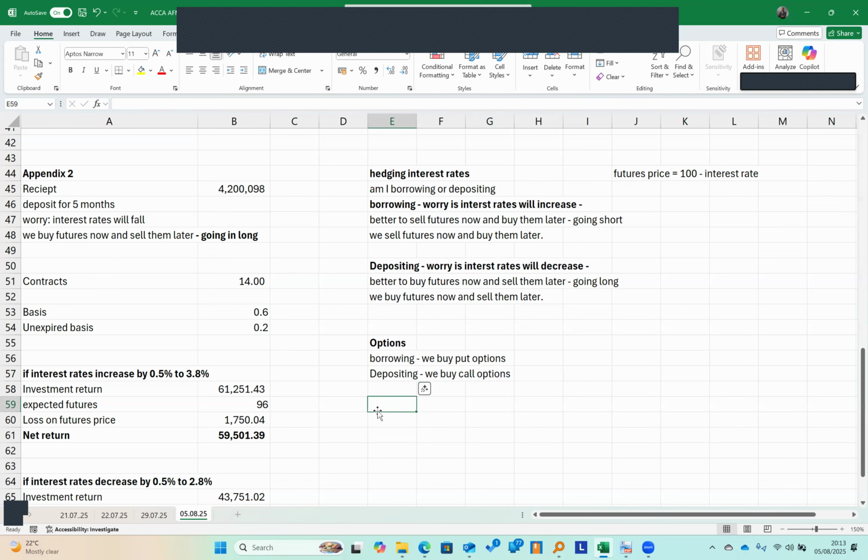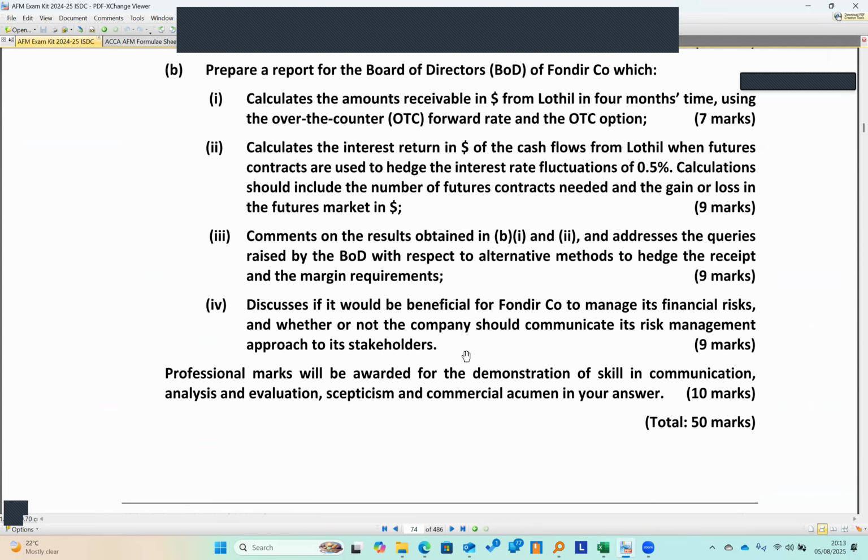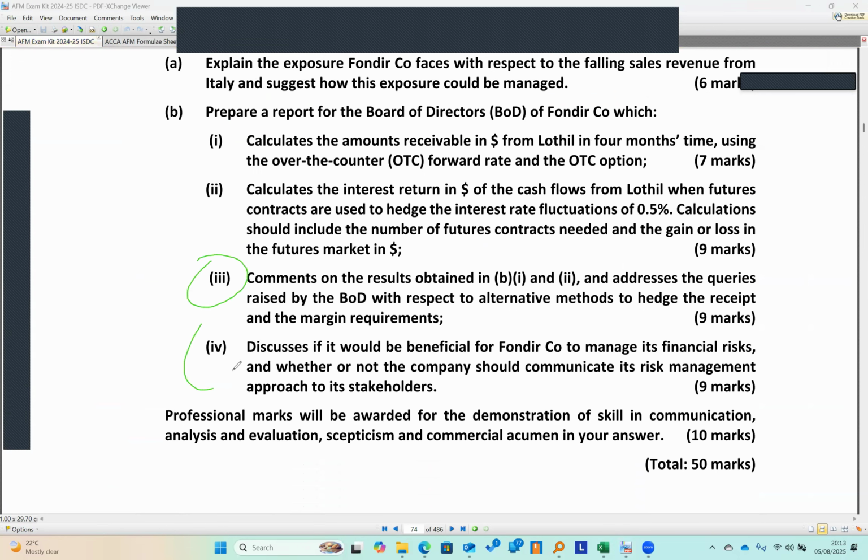So now we go to the parts where we are commenting. We are going to comment on the results obtained under 1 and 2. Remember, for 1, we already talked a little bit about the result, and we are going to talk about more.